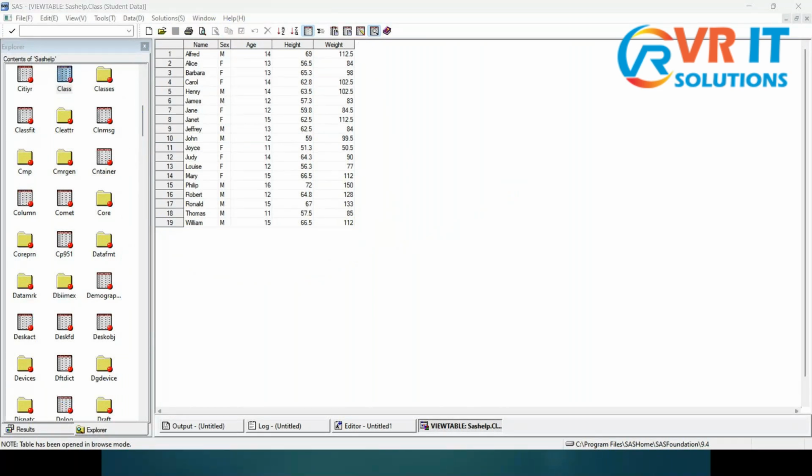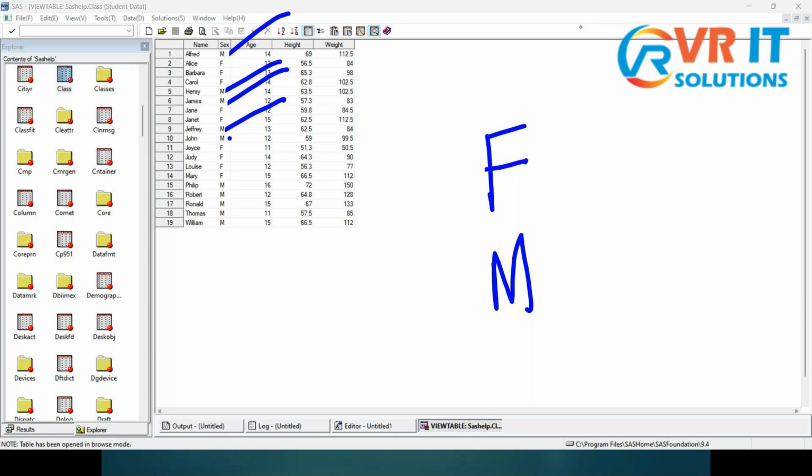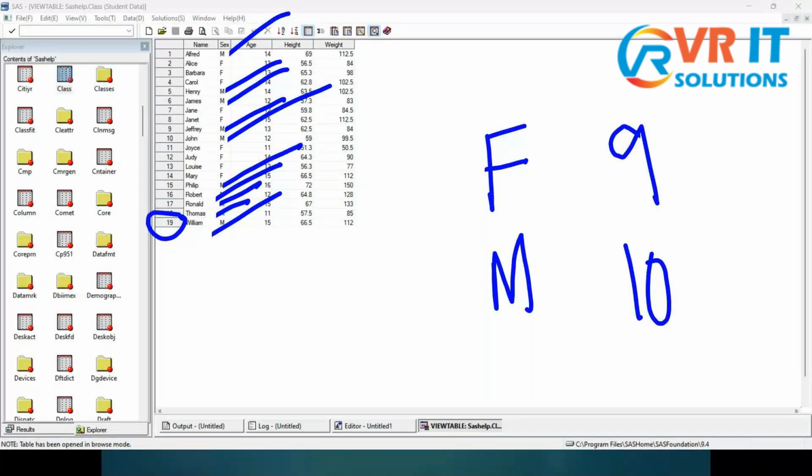Now I want to find out from this data how many females and how many males are there. See, 1, 2, 3, 4, 5, 6, 7, 8, 9, 10. So there are 10 males, and since there are 19, there are 9 females. The percentage is around 48 and 52, so around 50-50%.